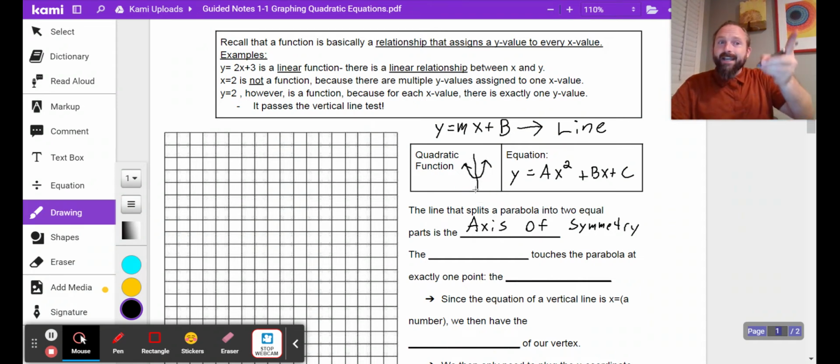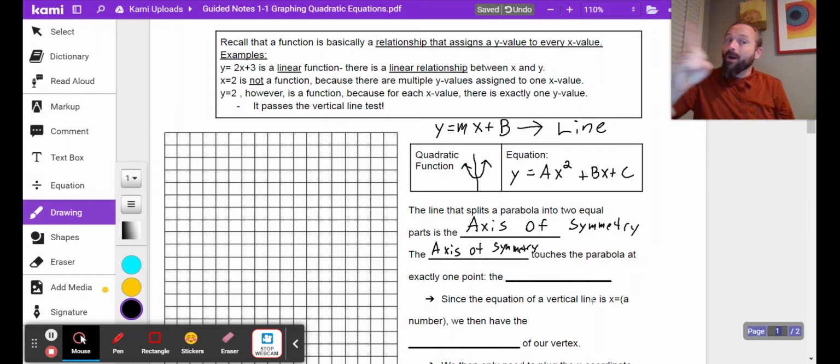All the points on the right will reflect to the left, and the y values will be the same. So the axis of symmetry touches the parabola at exactly one point, either the minimum or the maximum, which is called the vertex.